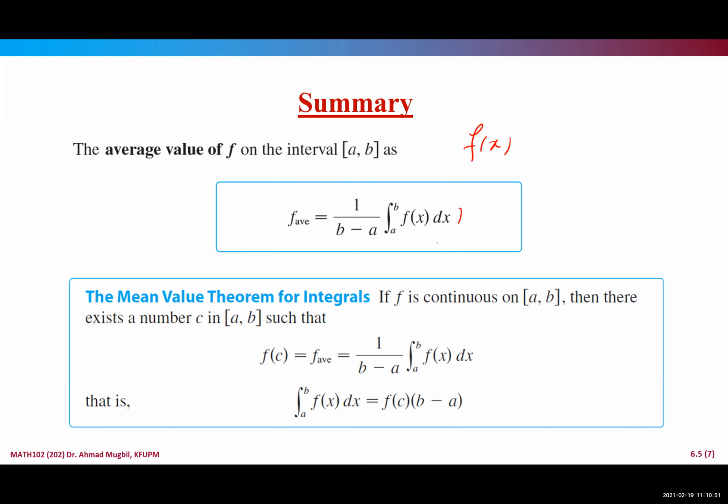So what you will do, you will just integrate, find the definite integral, then divide it by b minus a. This is the only difference that you will do. So instead of saying integrate or find the integral of this function, I can ask you find the average value of the function. And you need to do the integral, and you need to divide it at the end by the length of the interval that you are integrating on. So this is the average value of the function.